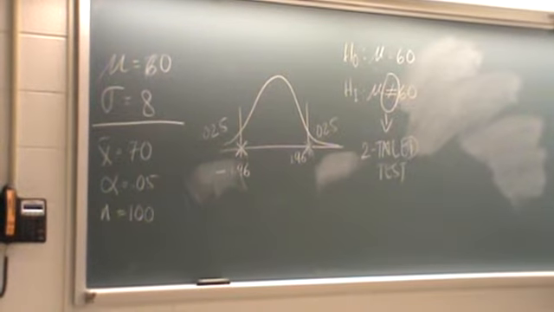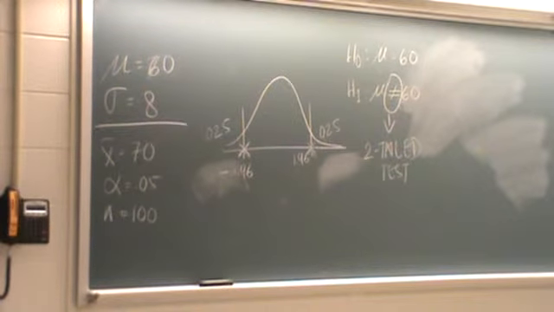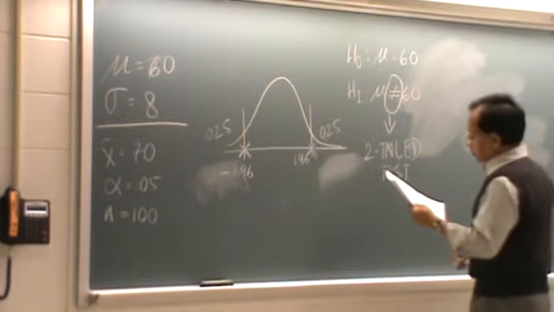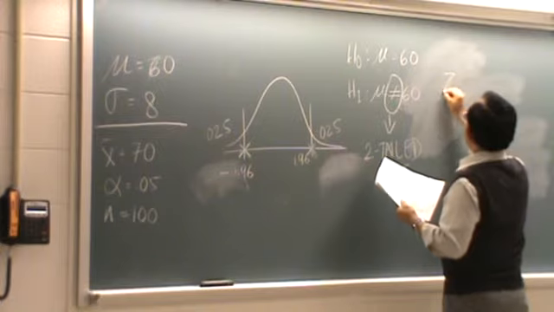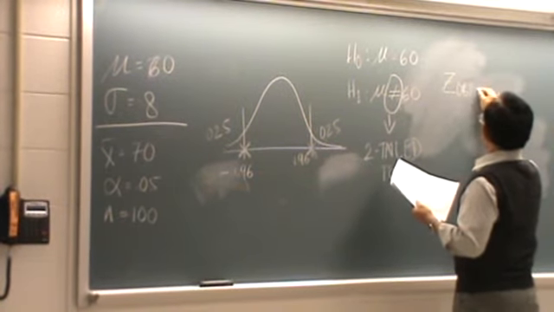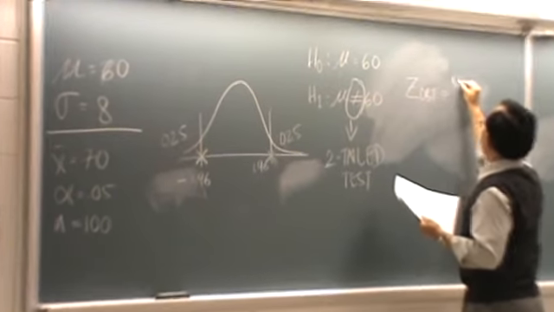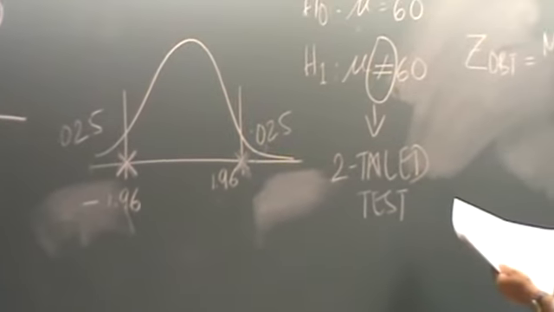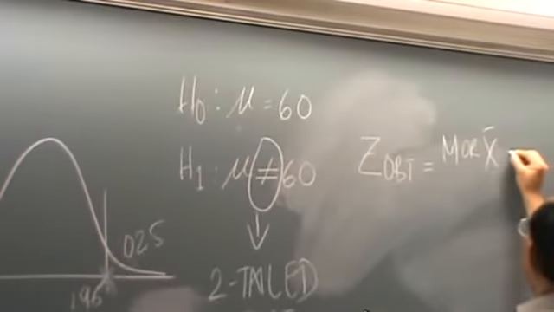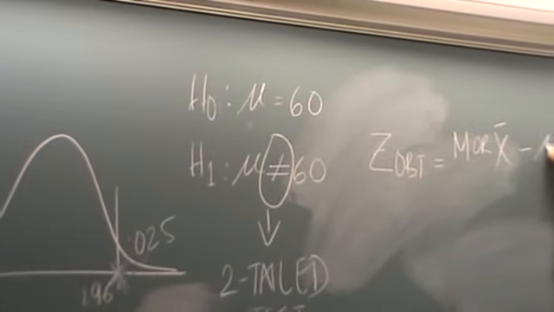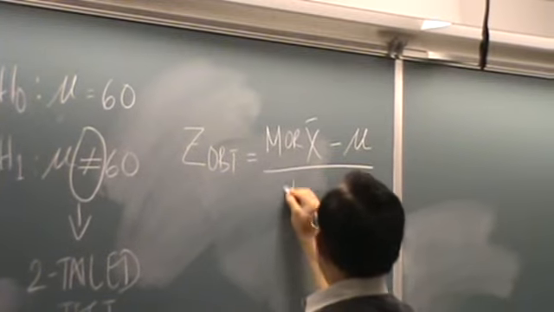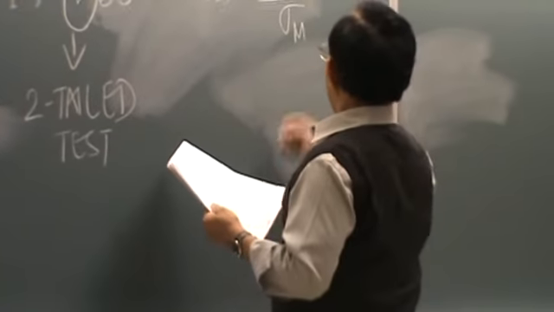This is the next step. So what are the formulas we have? The main formula we are going to use is Z observed equals X bar minus mu divided by sigma X bar.